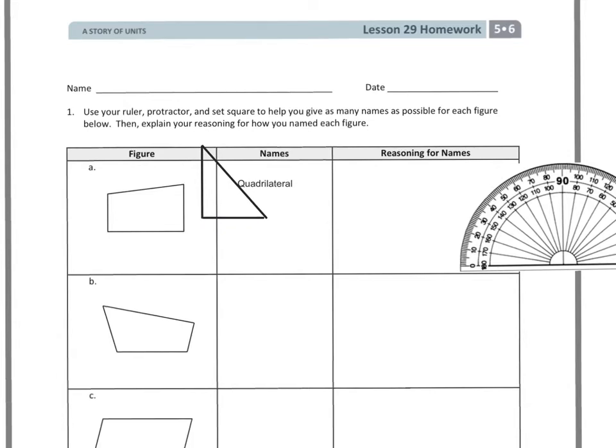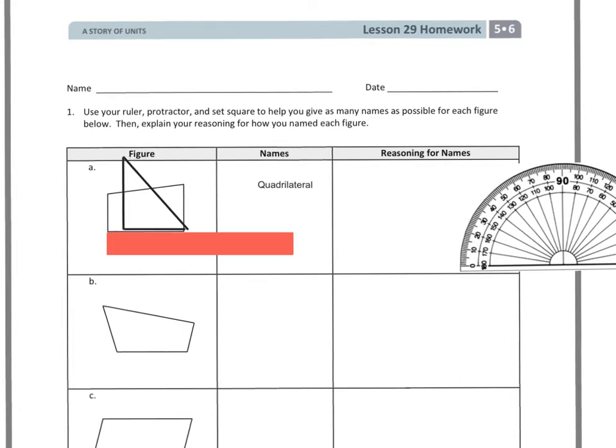straight edge as well, and I'll pull my straight edge in. So here's my straight edge. I'll set it on the base of the figure. And what I'm going to do now is take my set square and set it right on there. And then I'll slide it across.